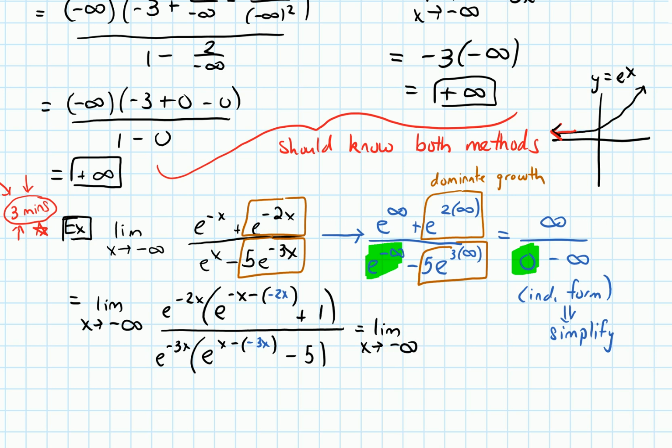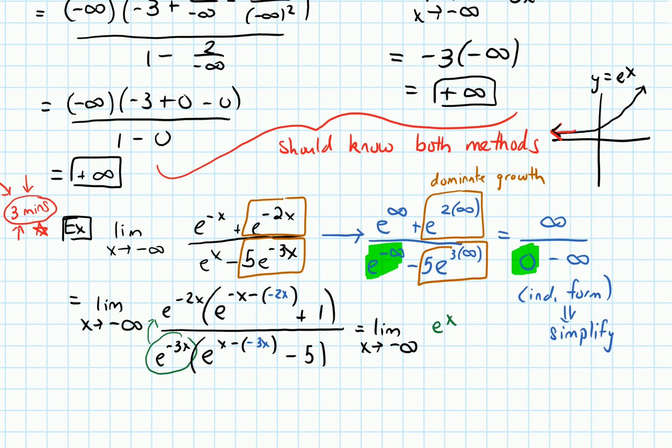Okay, so now if we simplify this, we've got the limit as x approaches negative infinity. And then with the e to the negative 3x and the e to the negative 2x in front, if I were to take this e to the negative 3x and bring it up to the numerator, in the numerator it becomes e to the 3x. And if you multiply e to the 3x times e to the negative 2x, we end up getting e to the x. Okay, so I'm going to erase that e to the 3x.